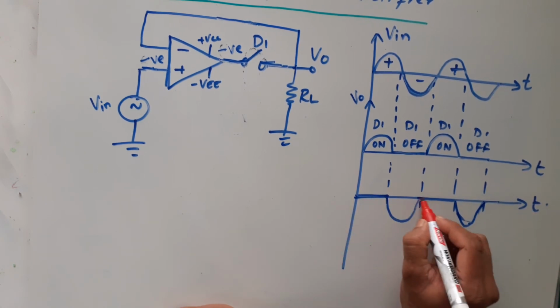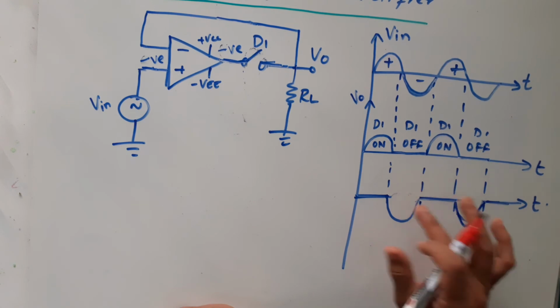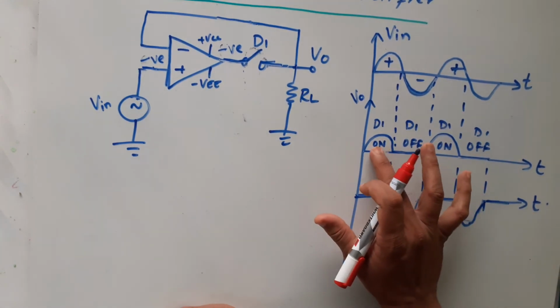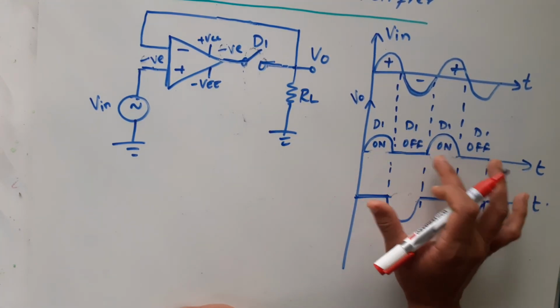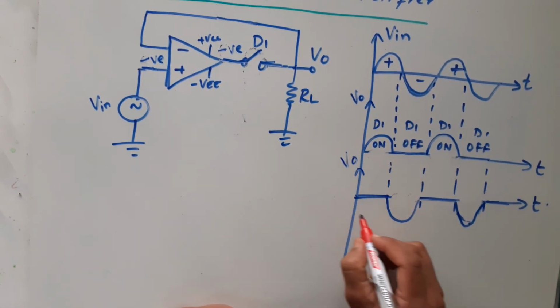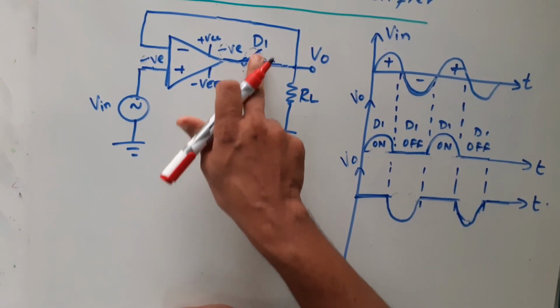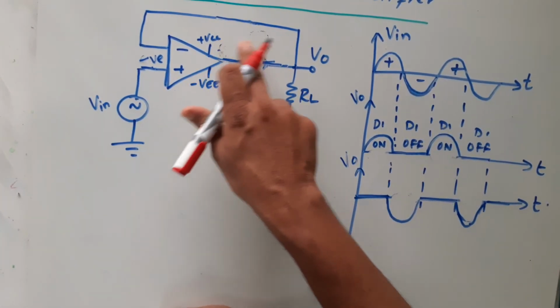How will I achieve this? Tell me. How can I achieve this output? Just by changing the direction of the diode.